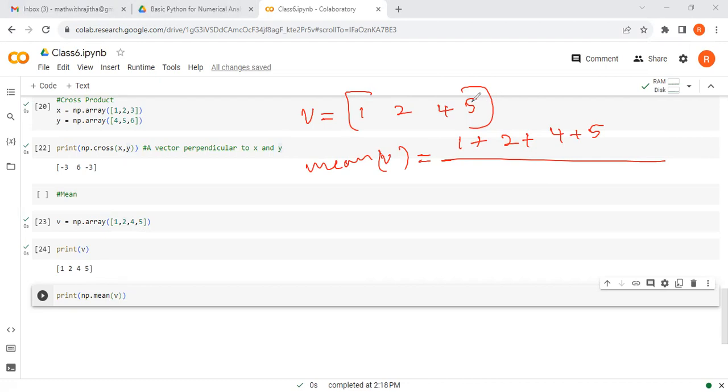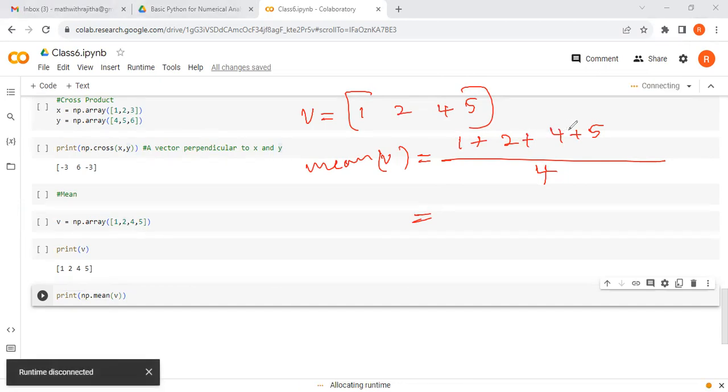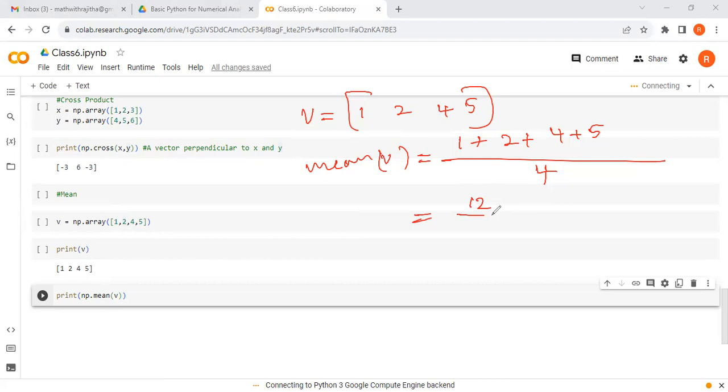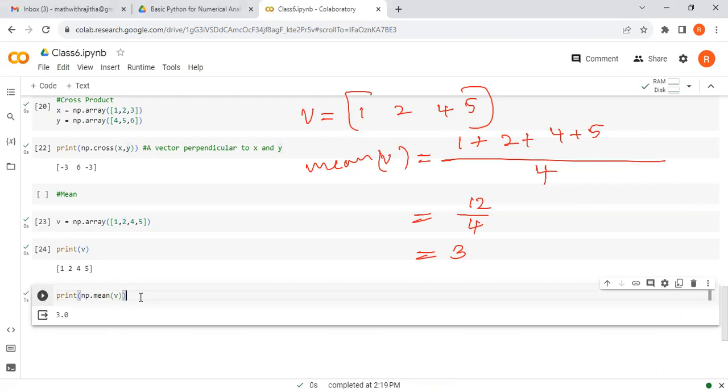There are 4 entries, so we divide by 4. 1 plus 2 is 3, 3 plus 4 is 7, 7 plus 5 is 12. 12 divided by 4 is 3. So we should be getting 3 as the mean. Oh yes, we are getting 3.